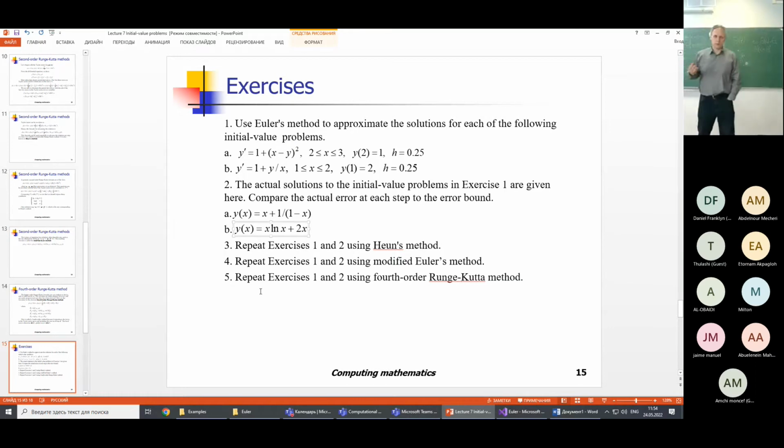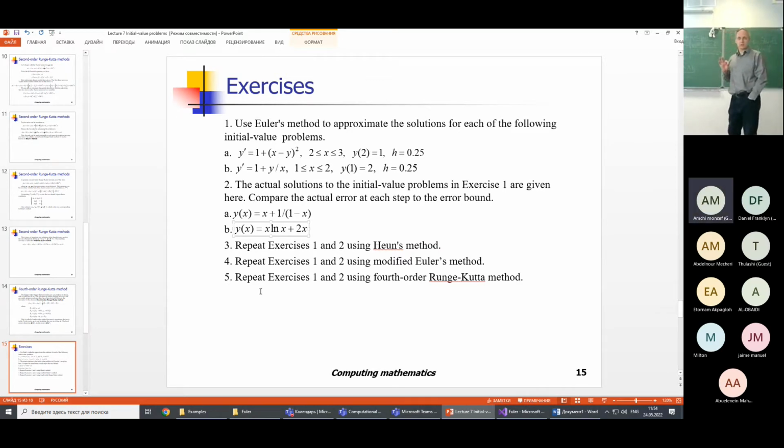What is the value of the function at the point 1.5? 3.06. Two students have 3.06.